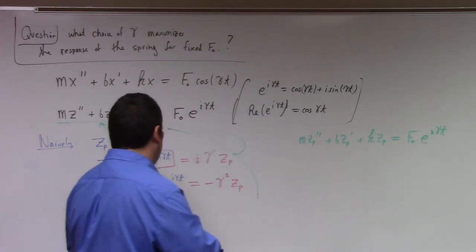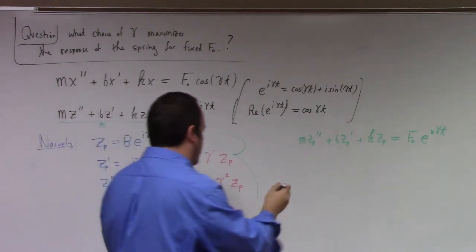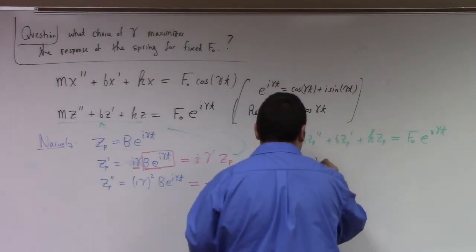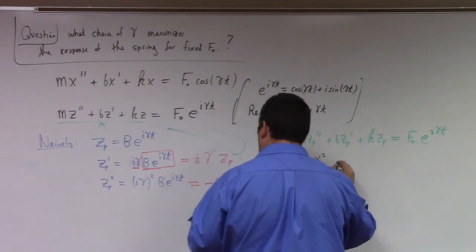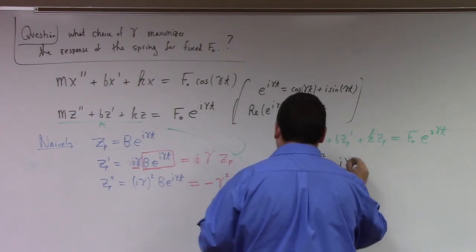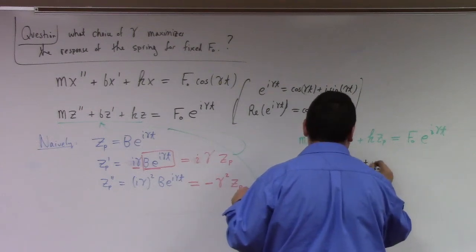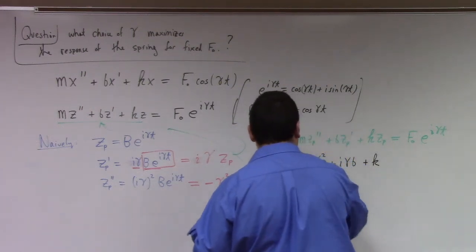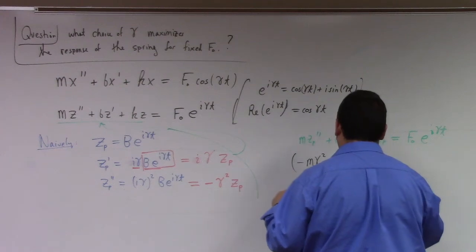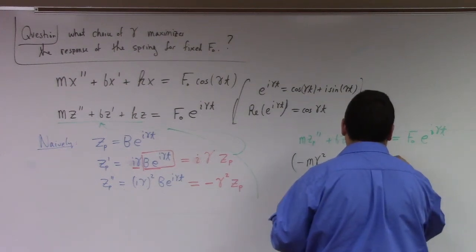What does that actually give me? Well, it looks like it's giving me minus m gamma squared plus i gamma times b plus k, all of that times z_p.